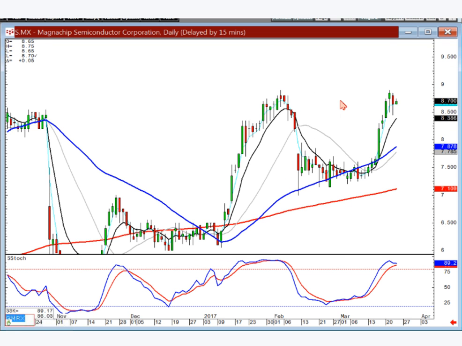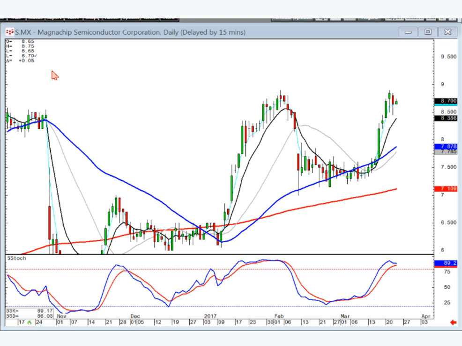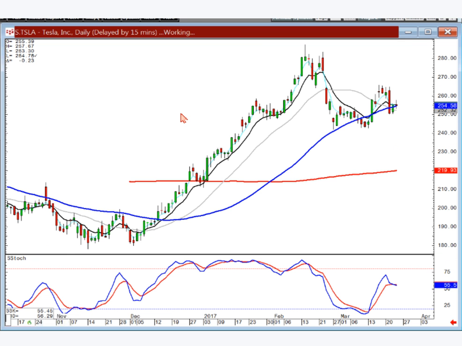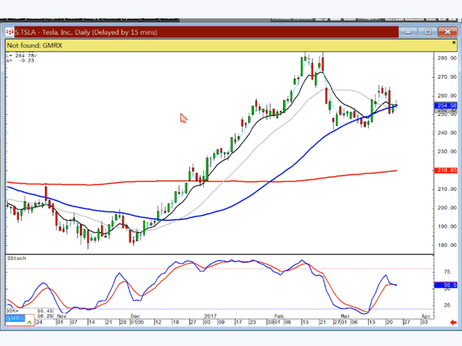It's something screwing up there. Let me try something. That's what's happening. GMRX. Tesla, GMRX. That was not coming up.